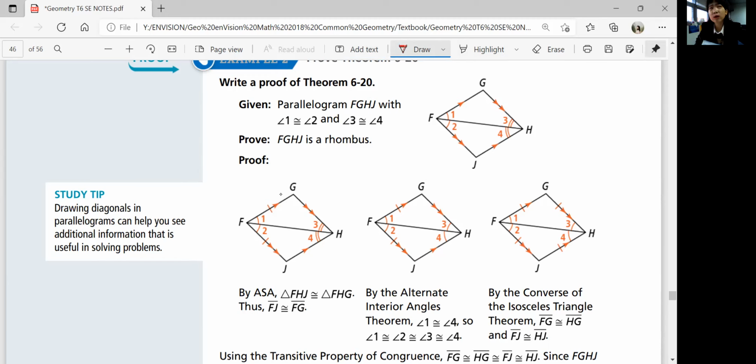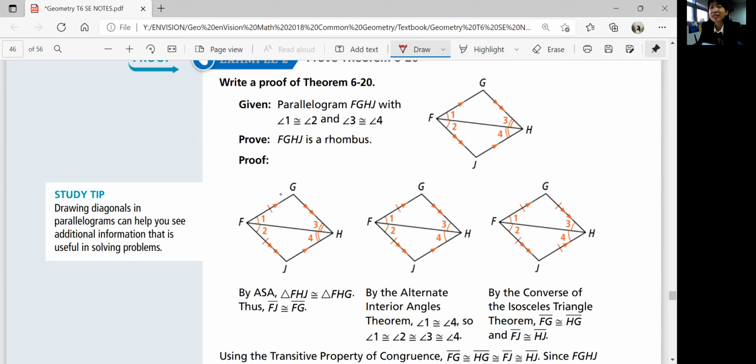Is FJ corresponding to GH or FG? Okay. These two are corresponding. So by the alternate interior angle theorem, you can say that 1 is congruent to 4 because they're parallel, right? So 1 is also congruent to 2 and 3, and all angles are congruent.